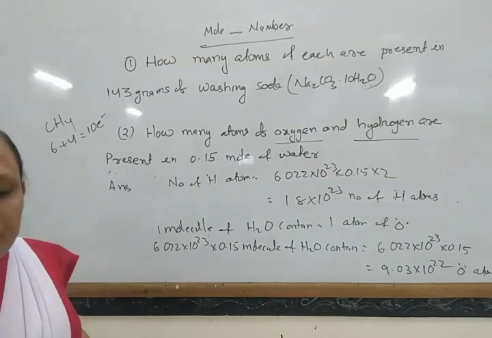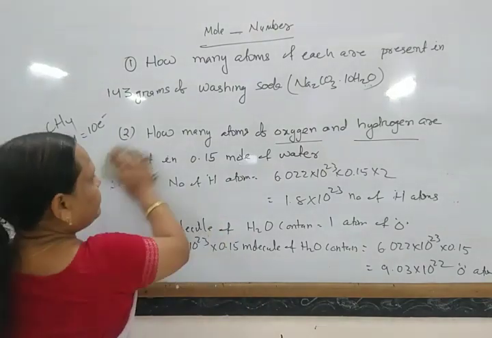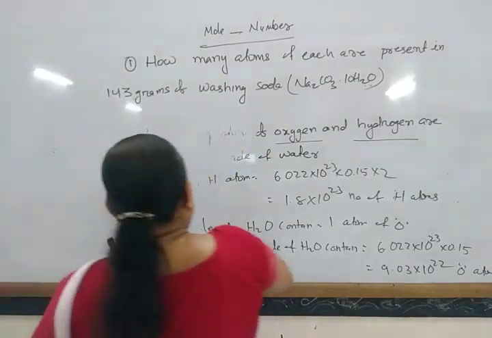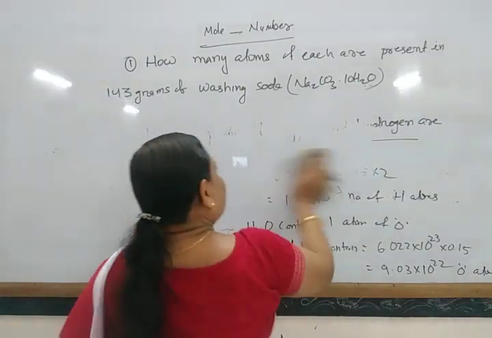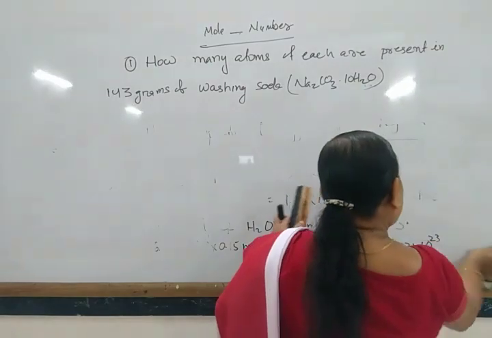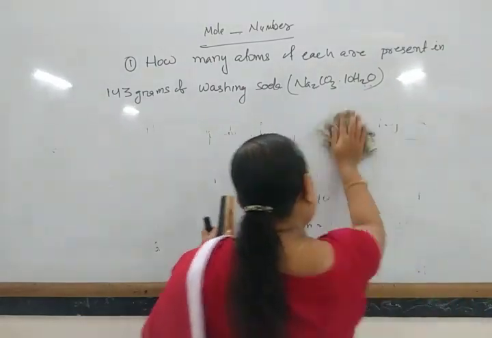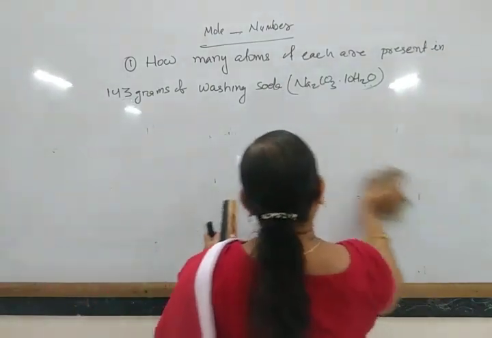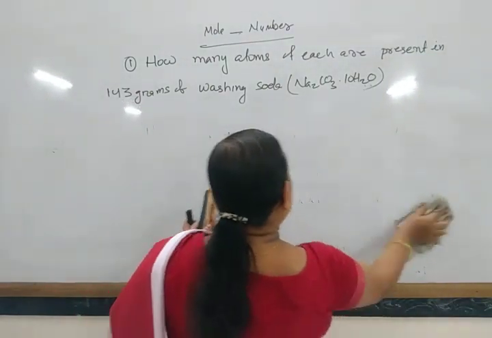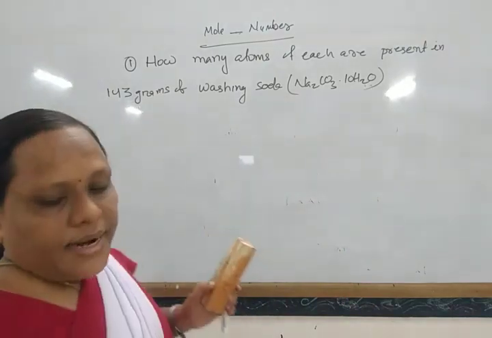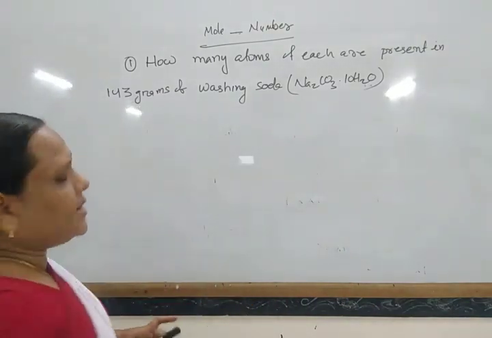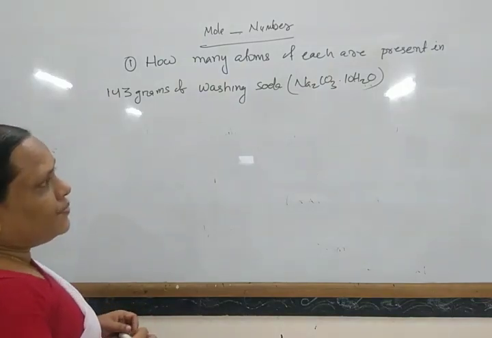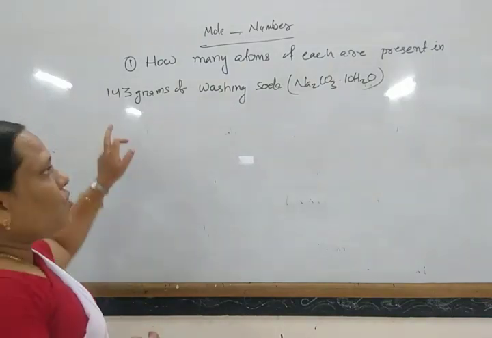Next, come to question number 1. How many atoms of each are present in 143 grams of washing soda?